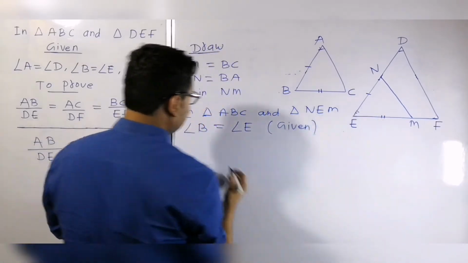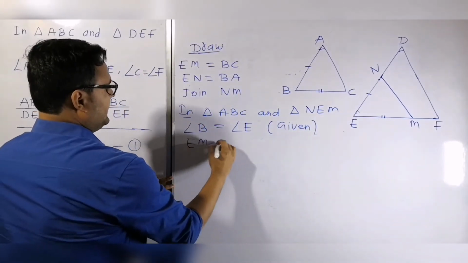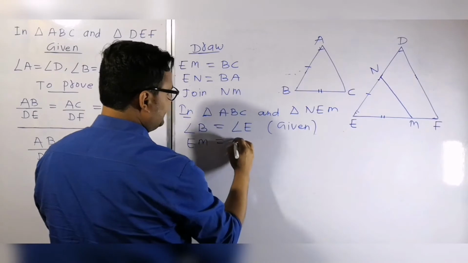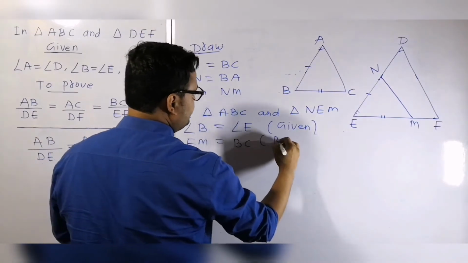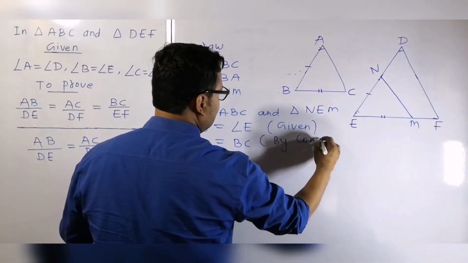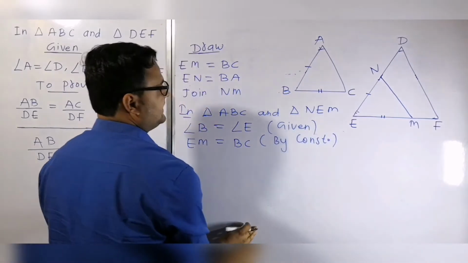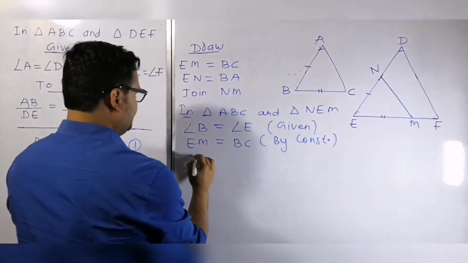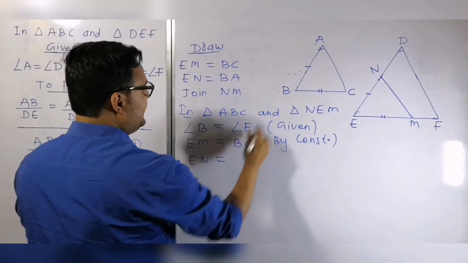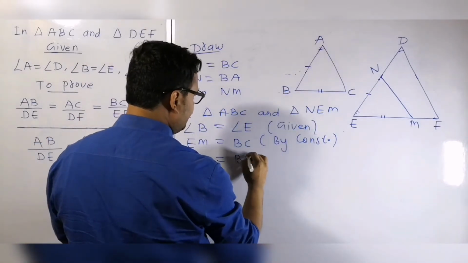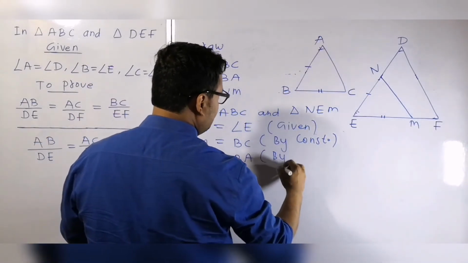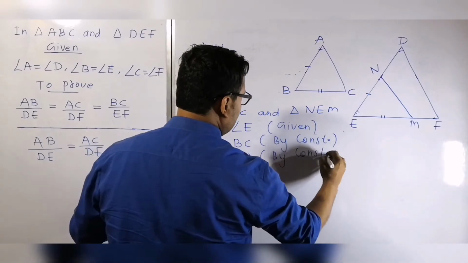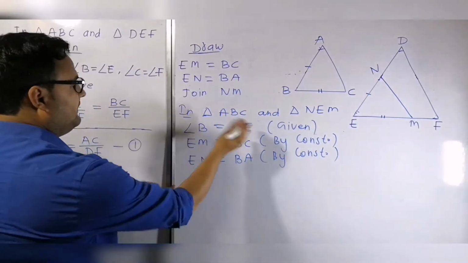Then EM equal BC, how? That is by construction. Again this EN equal BA or AB, that is also by construction.